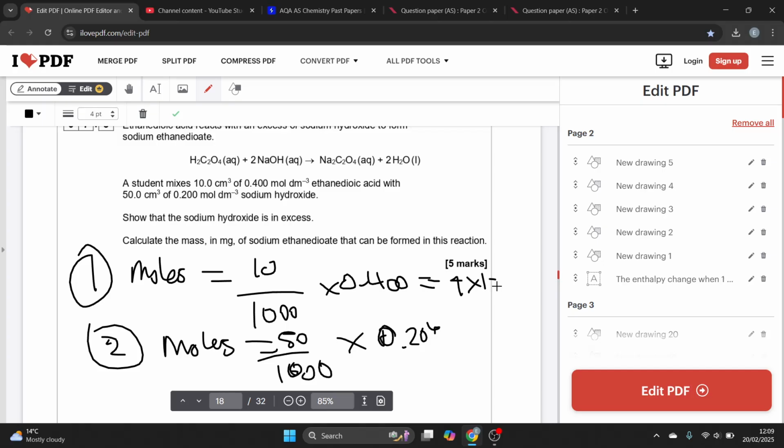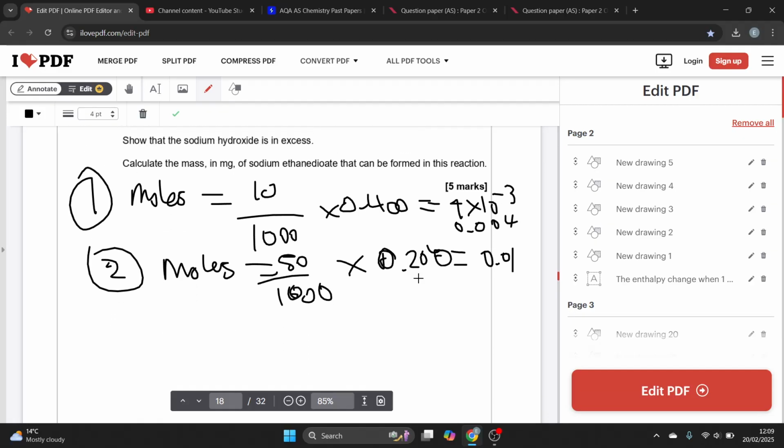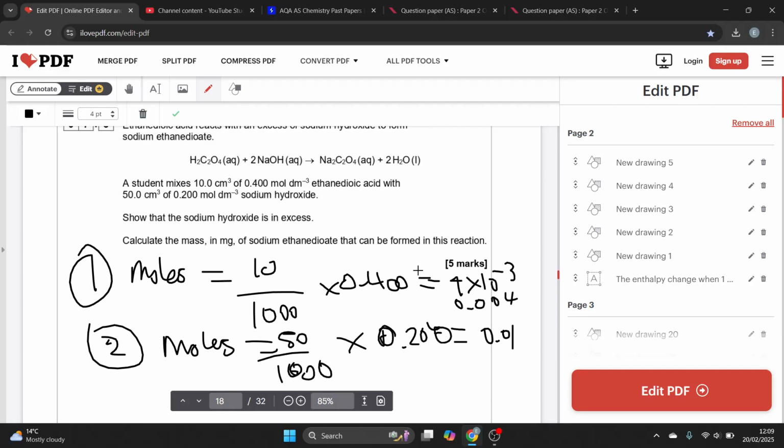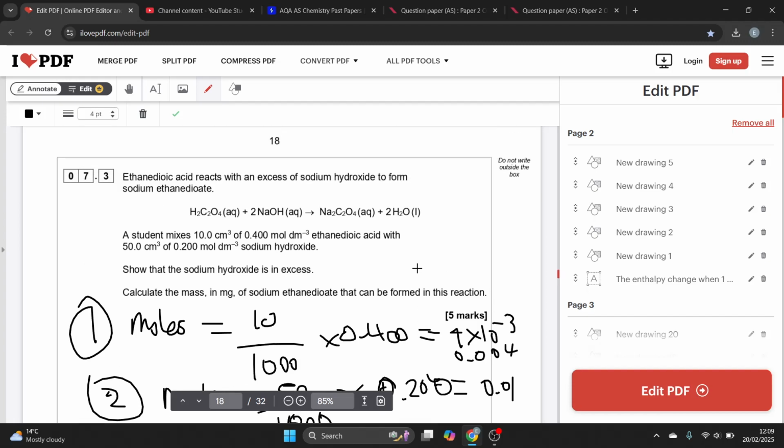4 times 10 to the power minus 3. 0.01. Show that sodium hydroxide is in excess. That's 0.004, so that's clearly in excess. But you can't just show it by calculation, you need the wording part as well. So what I would say is that the amount of sodium hydroxide needed for the reaction is 0.008.